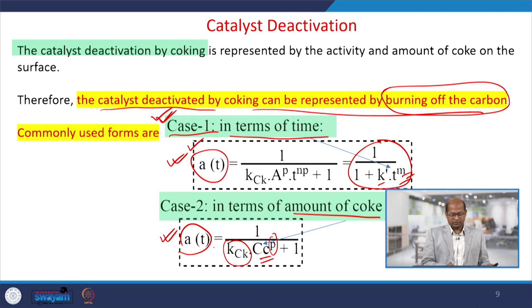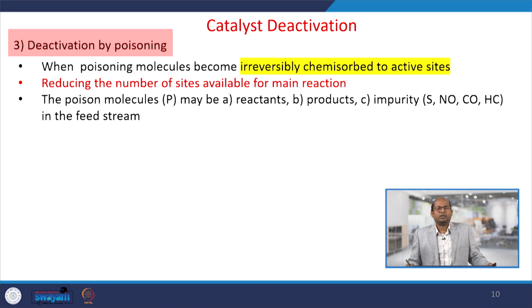Okay. That way we can also find the amount of coke deposited. If we know the amount of coke, then we can easily find the catalyst deactivation process due to coke deposition. Okay. So, the third one is catalyst deactivation by poisons.